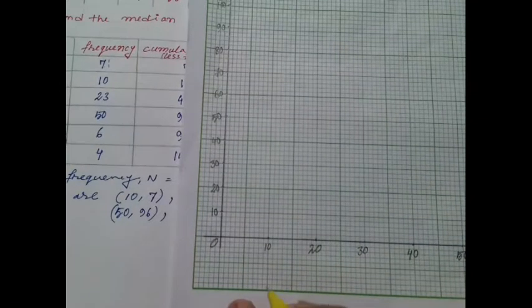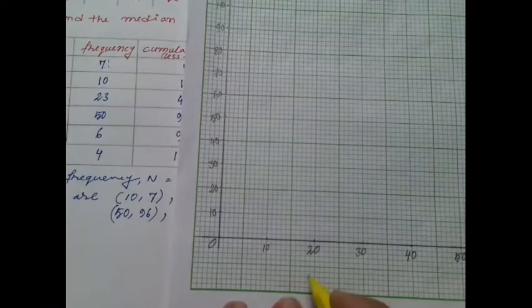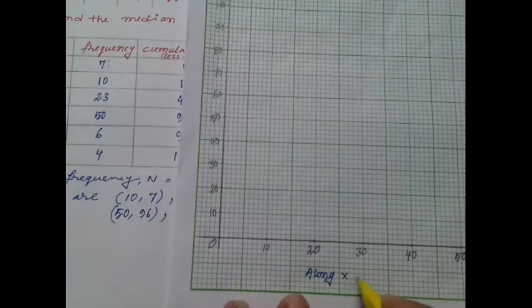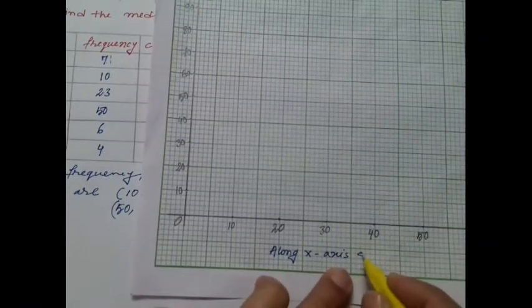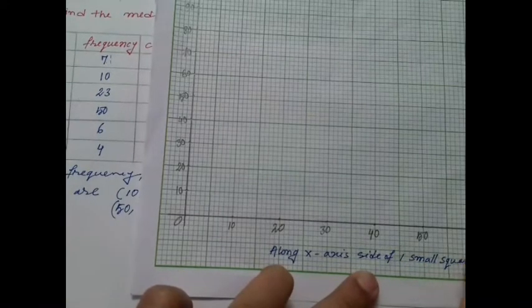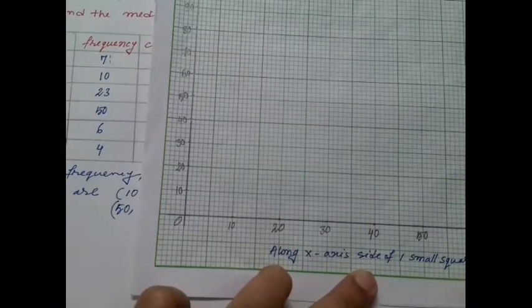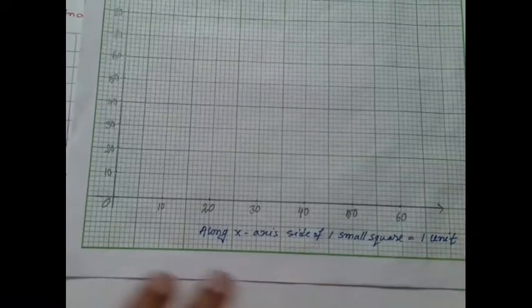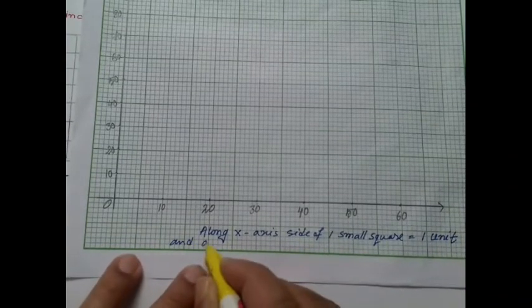Before plotting, we should write: along the x-axis, side of one small square equals 1 unit, and along the y-axis, side of one small square equals 2 units.